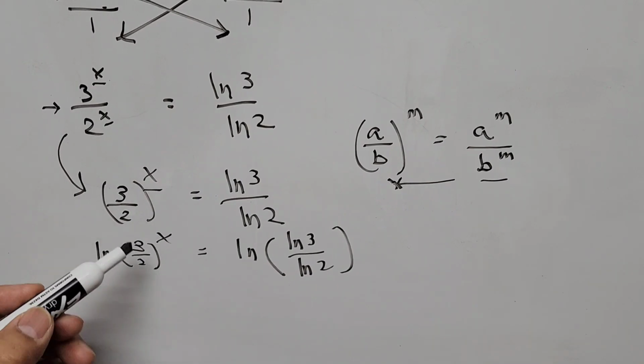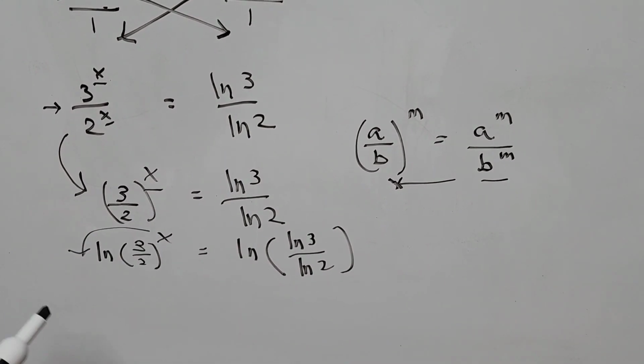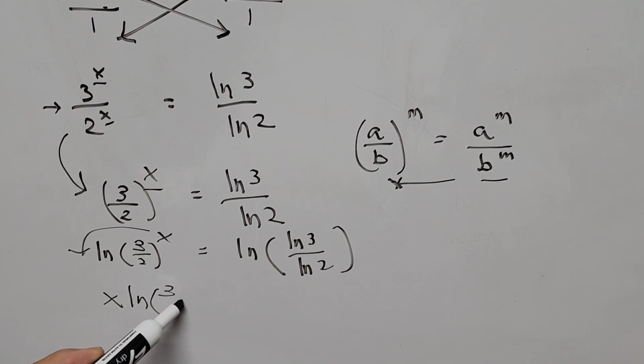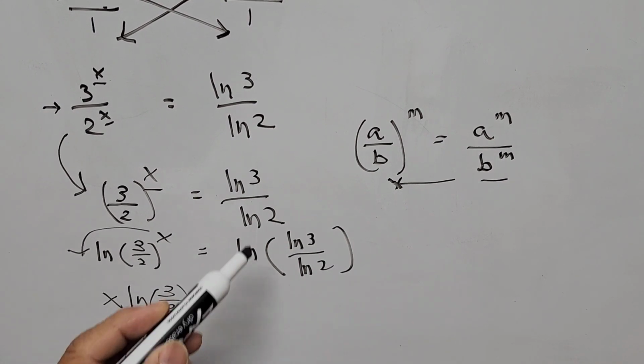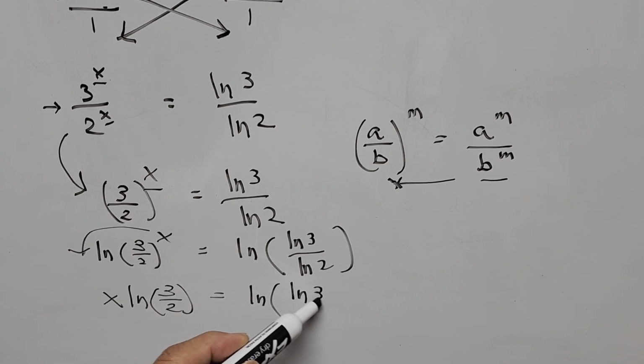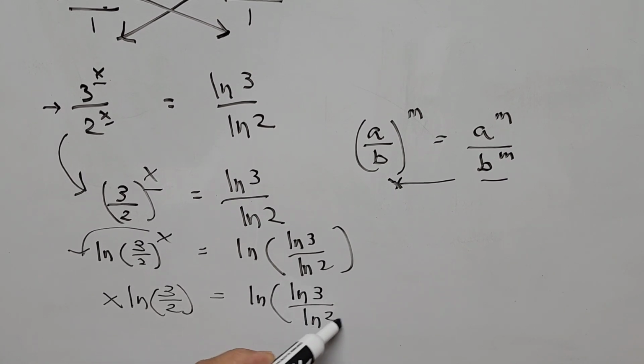Now we take down the exponent as a coefficient. So the equation now becomes x times ln of 3 halves is equal to, on the right hand side, ln of 3 divided by ln of 2.